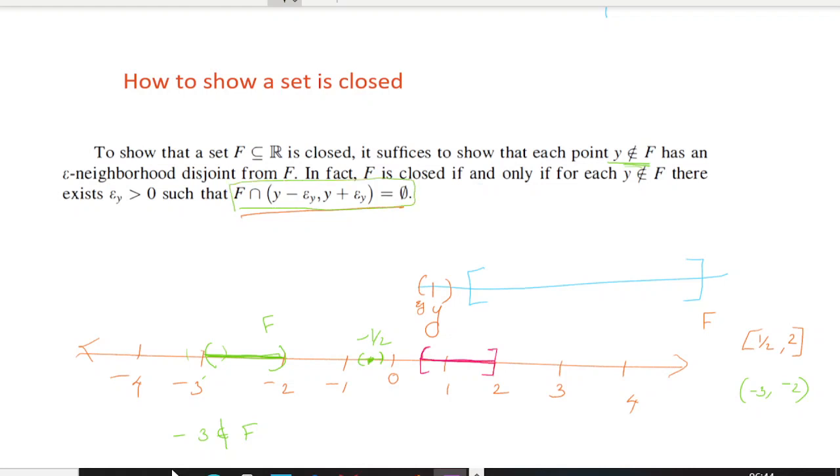That means the set I considered is not a closed one. It should be open. So this one is open, but the other one is closed. This is the way we can check whether a given set is open or not.